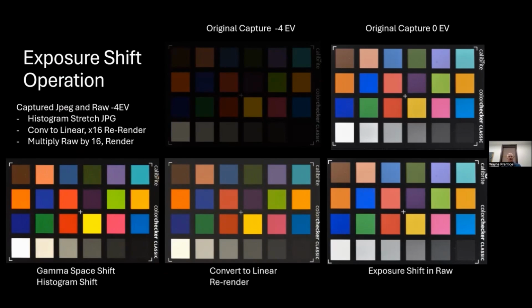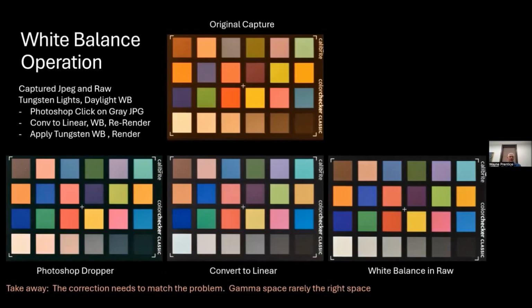Let's look at this same operation as a white balance. Here's an image captured under tungsten light, but I applied, I don't remember if it was a D50 or a D65 white balance correction. So the result is it's very yellow, right? If I take this into Photoshop and do normalize on that, you'll see that we get red over here and we get blue over here because we're trying to do a linear operation on nonlinear space.